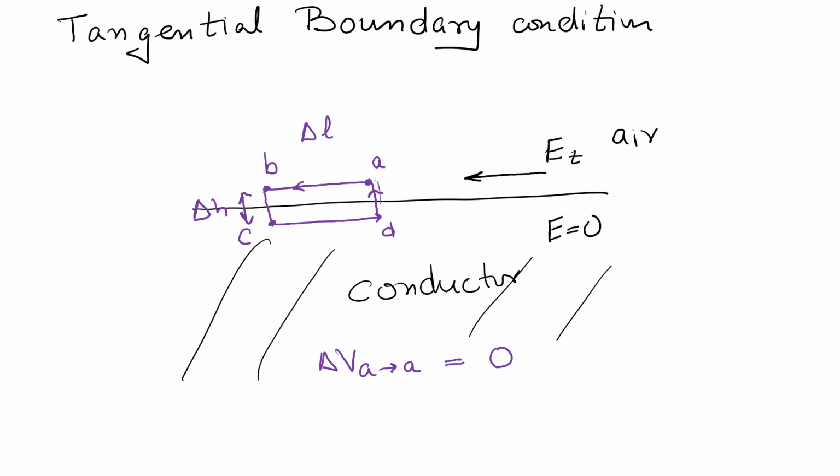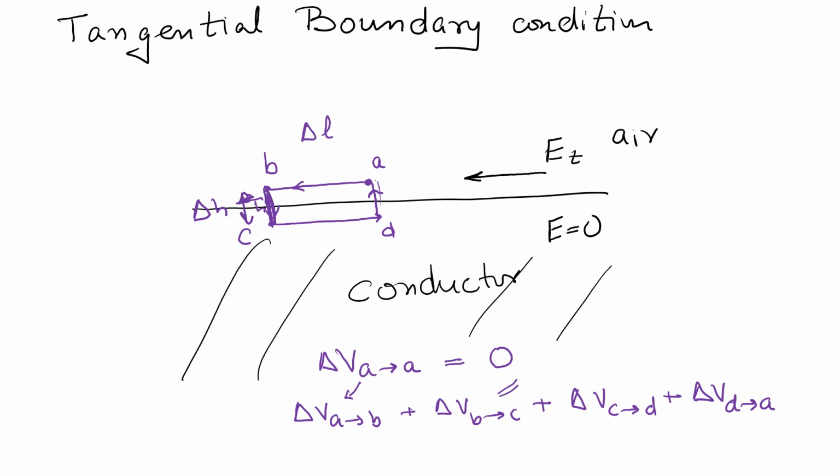We have electric field present on the top, and this delta V is going to be delta V A to B plus delta V B to C plus delta V C to D plus delta V D to A. When I'm going B to C, electric field is in this direction. I'm walking downwards, that is 90 degrees. So this is simply 0.